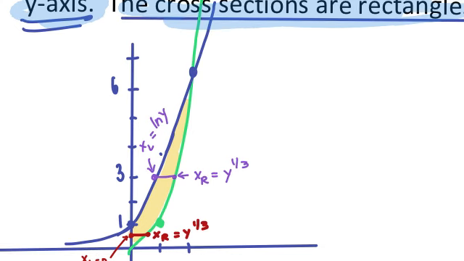So if we are thinking of a random rectangle on this base, if your cross sections are perpendicular to the y-axis, that means the rectangle is sitting like this. This is what we mean by perpendicular to the y-axis. We're going in that direction for our rectangle side that lies on the base, and then we're going up 6 times as high. So it's going to be a tall, skinny thing like that, and that is your rectangle, okay?